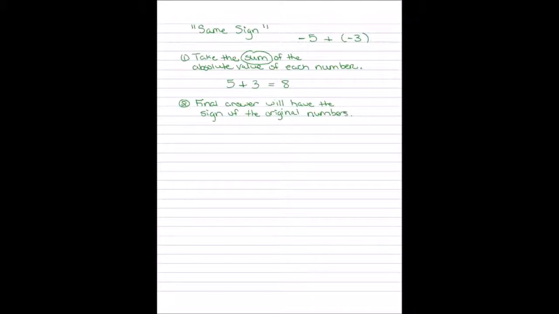Now, because I started out with a negative 5 and a negative 3, that means my final answer will have a negative on it. So this will be negative 8 is my final answer. Negative 5 plus negative 3 is negative 8. And think about this on a number line. If I have negative 5 and I'm going backwards 3 units, that's going to put me into a deeper negative number.